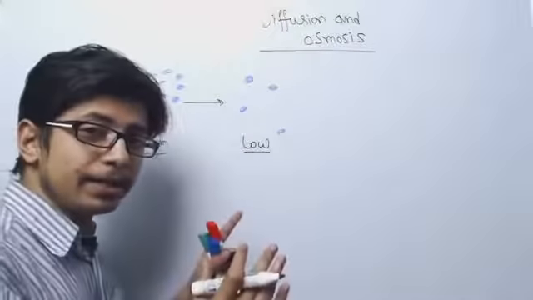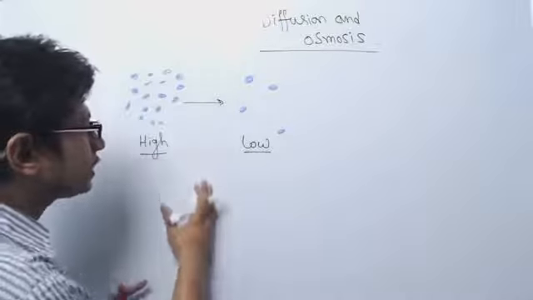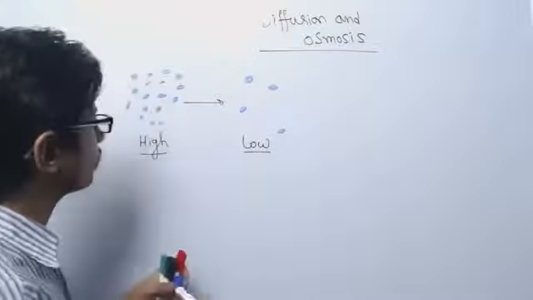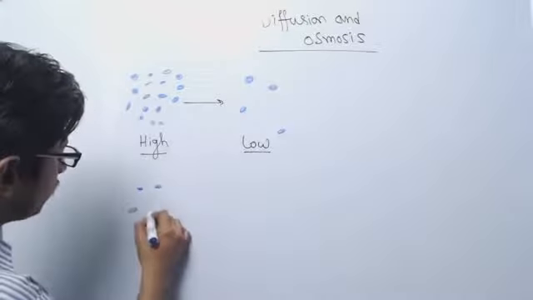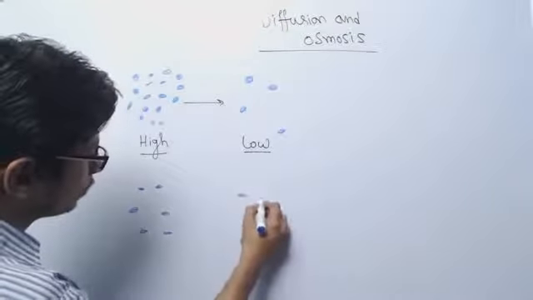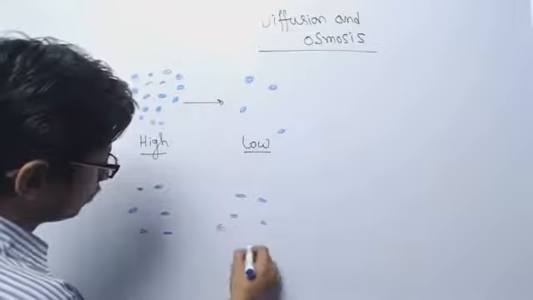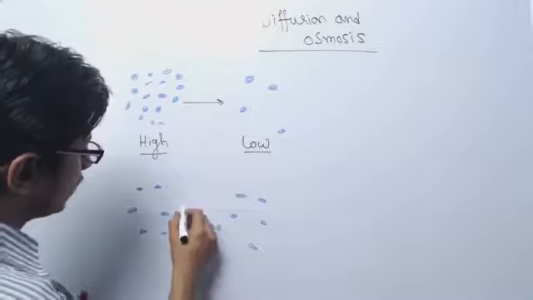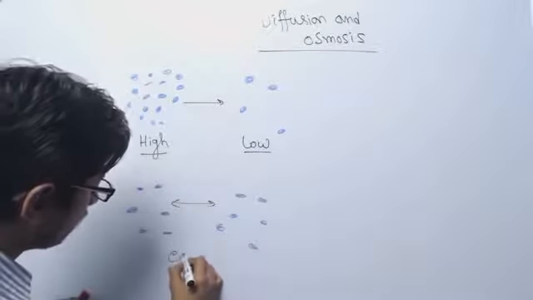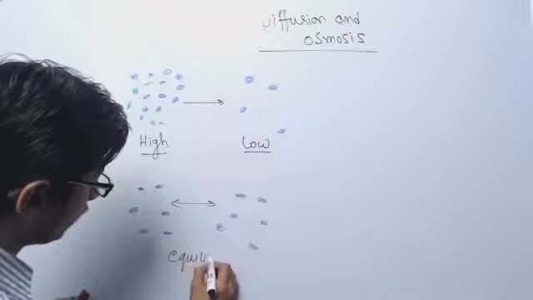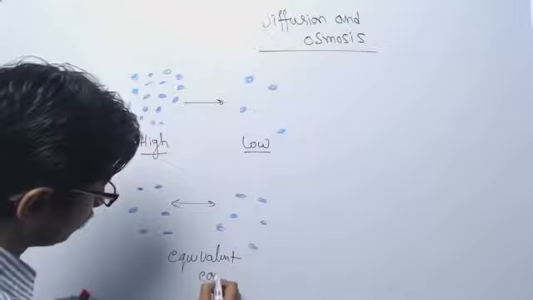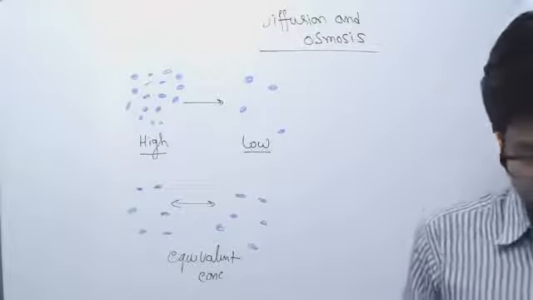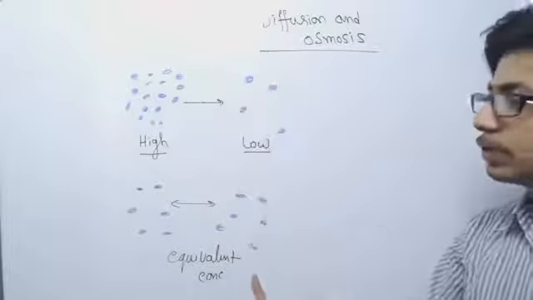Until they become the similar, equivalent concentration, and after some time you will see something like this. This will be known as the equivalent concentration. So they will reach the equilibrium for the diffusion. Okay, this is the idea of diffusion.